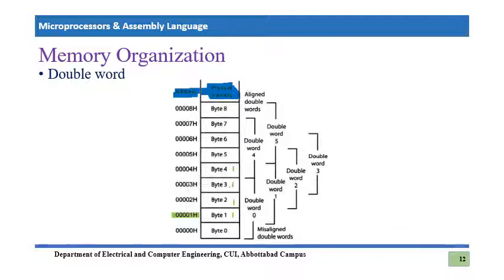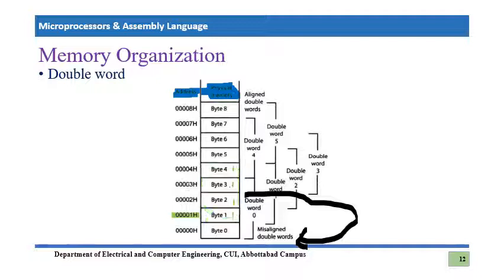It is misaligned because the least significant byte is stored at 001 hex, which is an odd address. That means this double word is misaligned because it is at an odd address boundary.